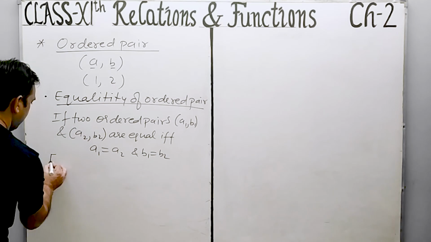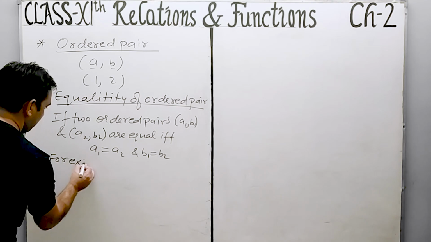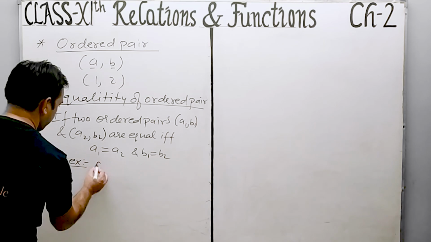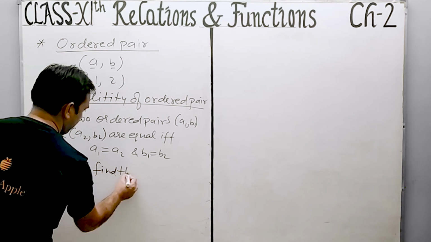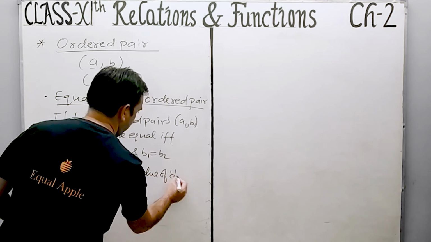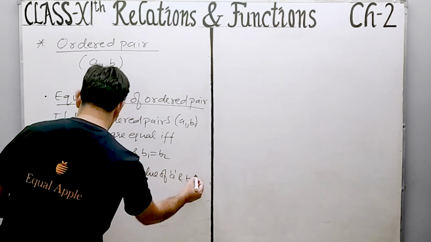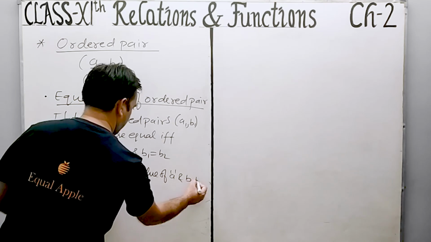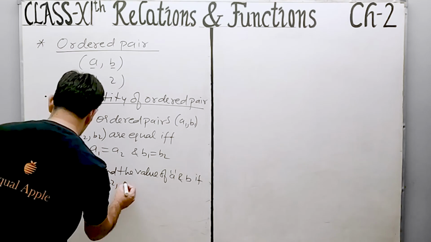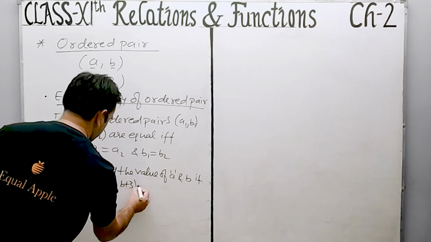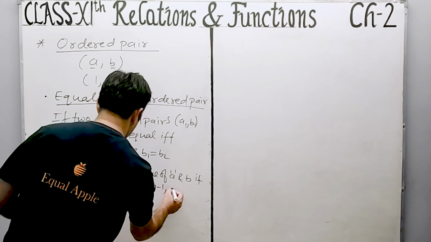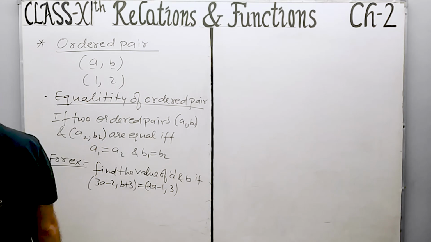We can take one example for this. Find the values of a and b if (3a - 2, b + 3) equals (2a - 1, 3).